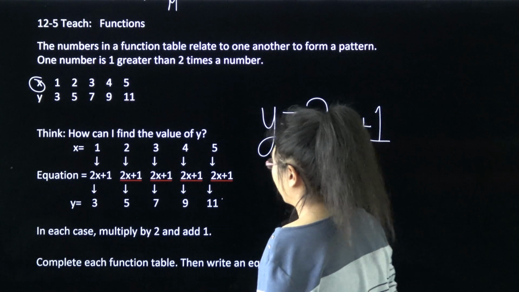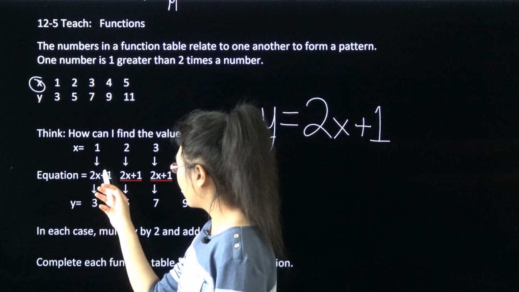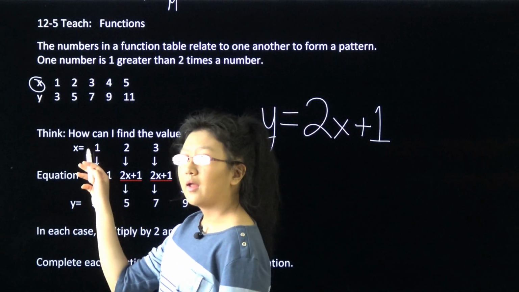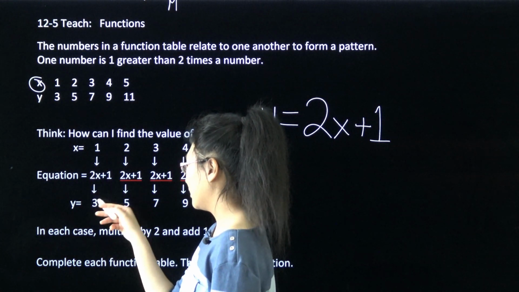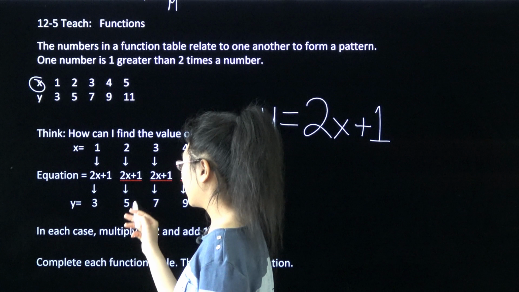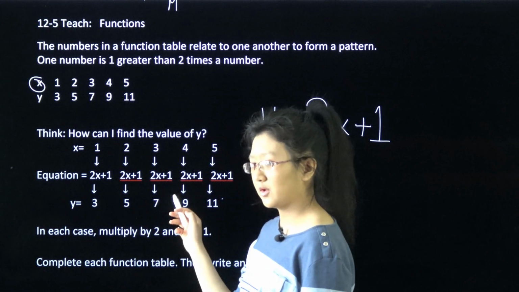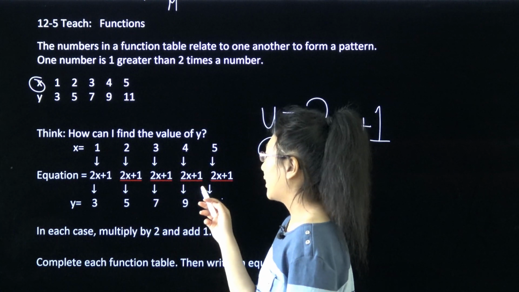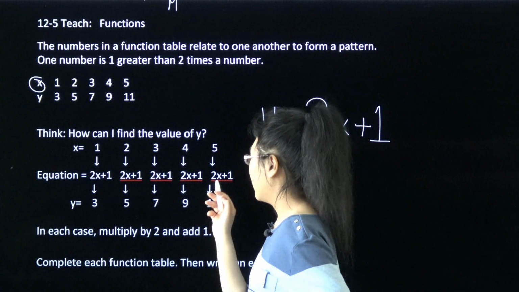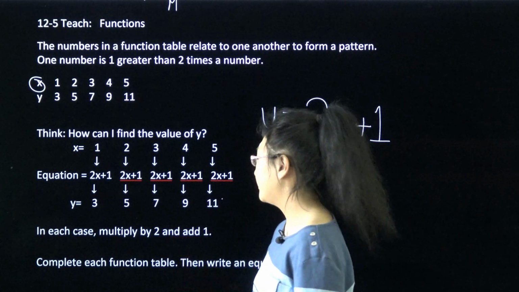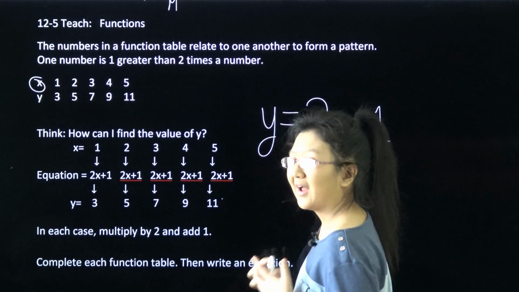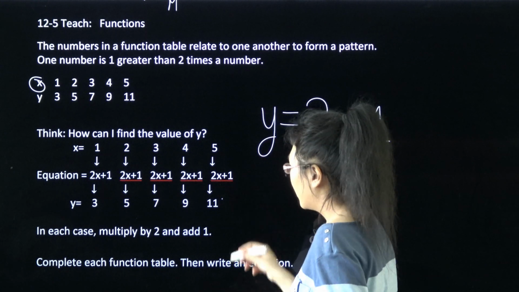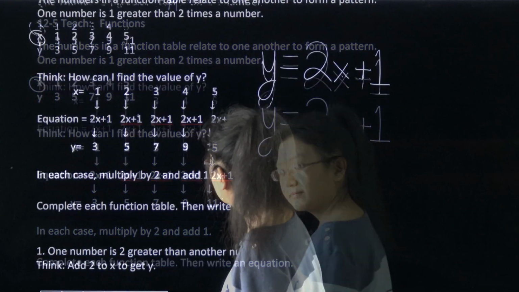So the equation is 2x plus 1, and if x equals 1, then 2 times 1 plus 1 would be 3. 2 times 2 plus 1 is 4. 2 times 3 plus 1 is 7. 2 times 4 plus 1 is 9. 2 times 5 plus 1 is 11. That's it. So in each case, you have to do the same thing to x to get y.